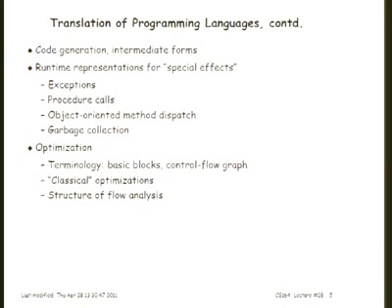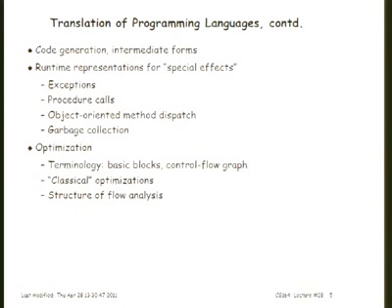Now, up there at the top, I say code generation and intermediate forms. The idea behind an intermediate form is to factor the code generation task into that part which is specific to a particular machine, and that part which is generic over all machines.